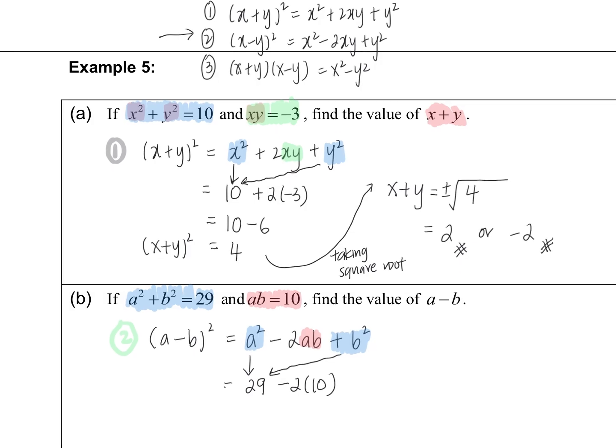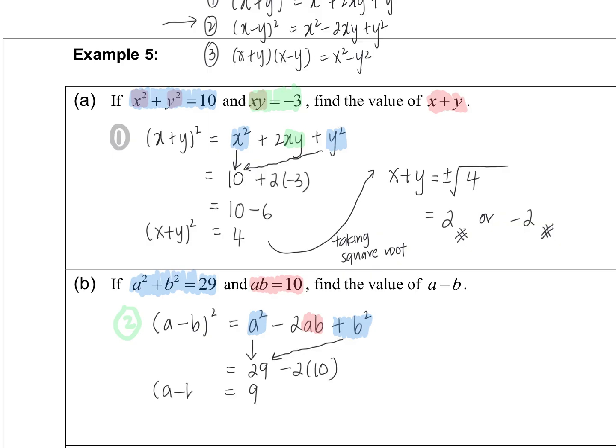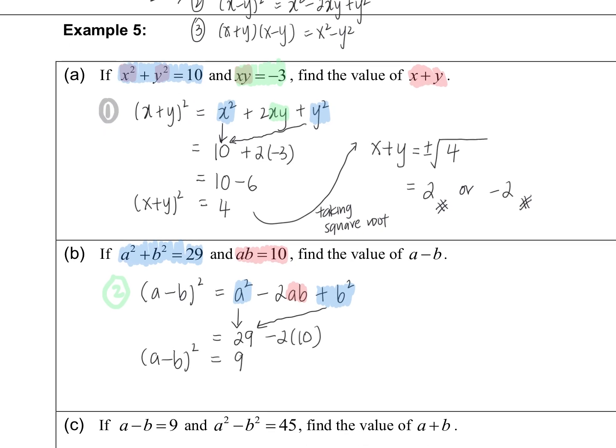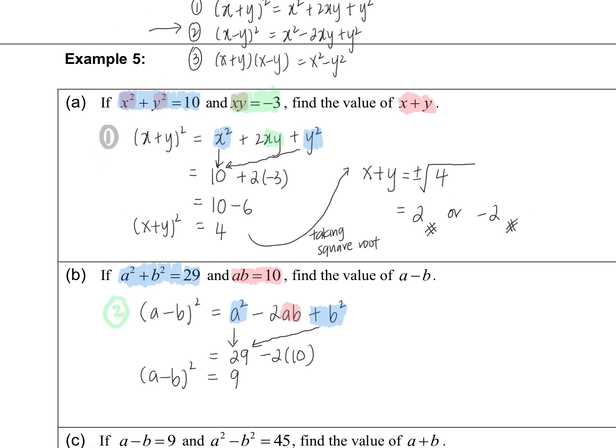So if I calculate, it gives me 9. So a minus b square is 9. How to find a minus b? I just take a square root. So the answer is just 3 or negative 3.